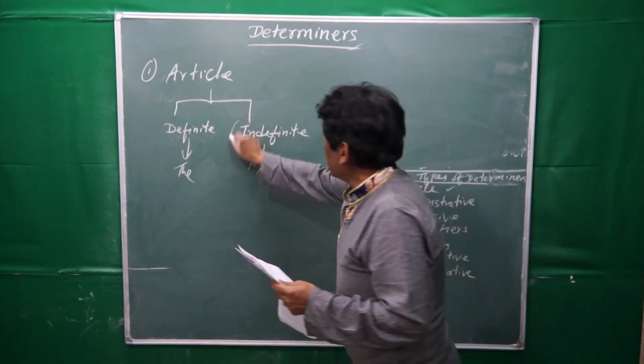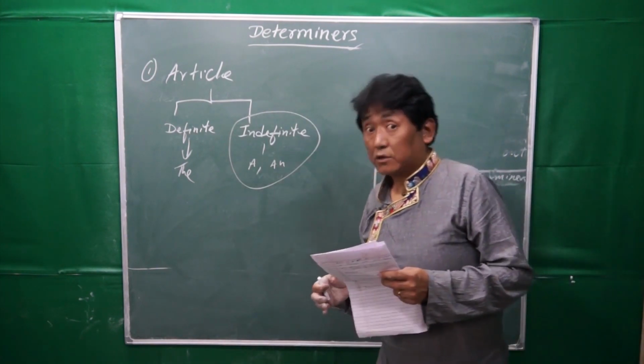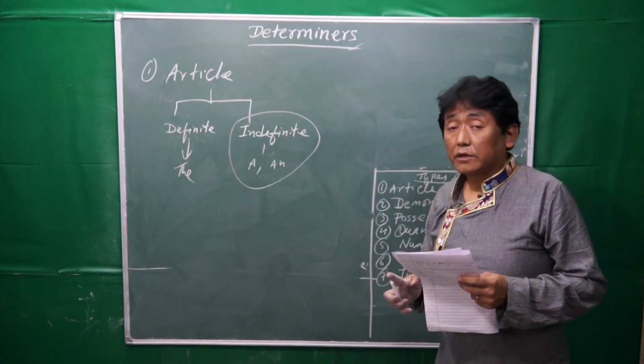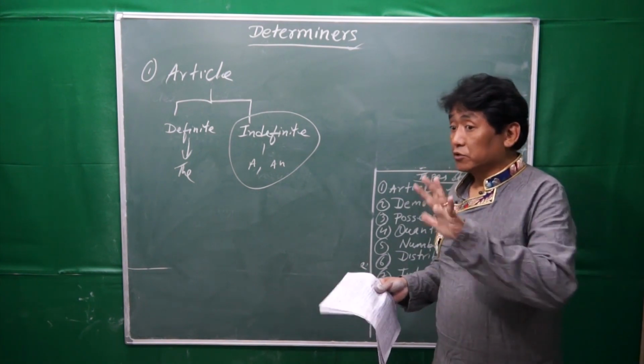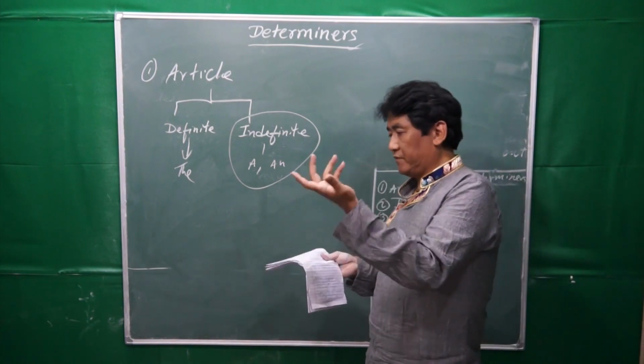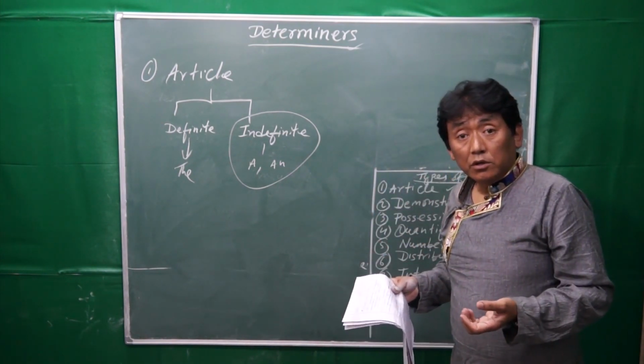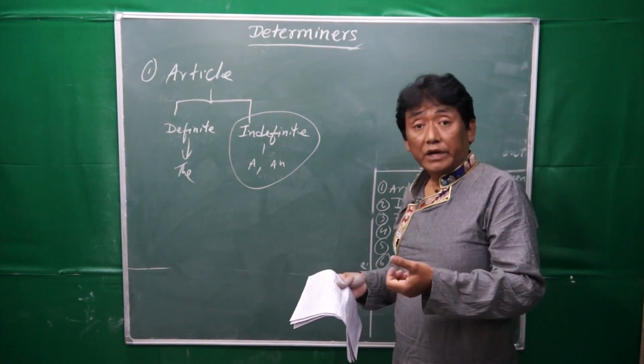When we talk about indefinite article, here we have to understand countable and uncountable noun. Countable noun means those things which we can count. Boys, 1, 2, 3, 4, 5 boys, 7 boys, many boys. Uncountable, like water, milk, we cannot count.